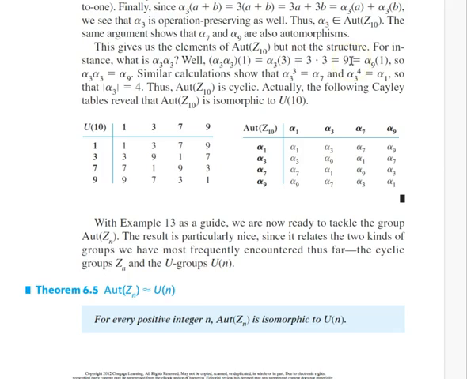So it is 9, which means that it is the same as alpha 9 of 1. Because any automorphism is completely determined by the image of 1 in this group, this means that alpha 3 squared is equal to alpha 9.